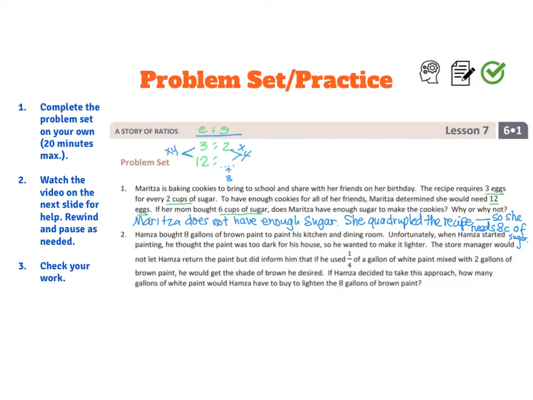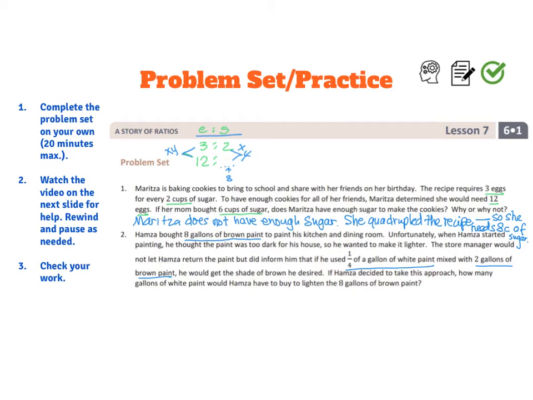The second problem, Hamza bought 8 gallons of brown paint to paint his kitchen and dining room. Unfortunately, when Hamza started painting, he thought the paint was too dark for his house, so he wanted to make it lighter. Store manager would not let Hamza return the paint, but did inform him that if he used 1/4 of a gallon of white paint mixed with 2 gallons of brown paint, he would get the shade of brown that he desired.